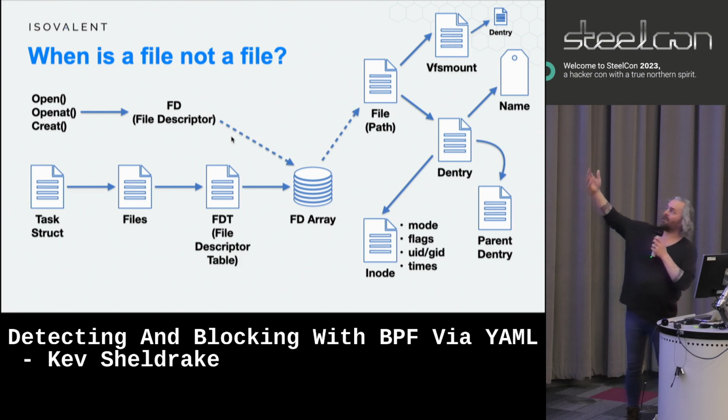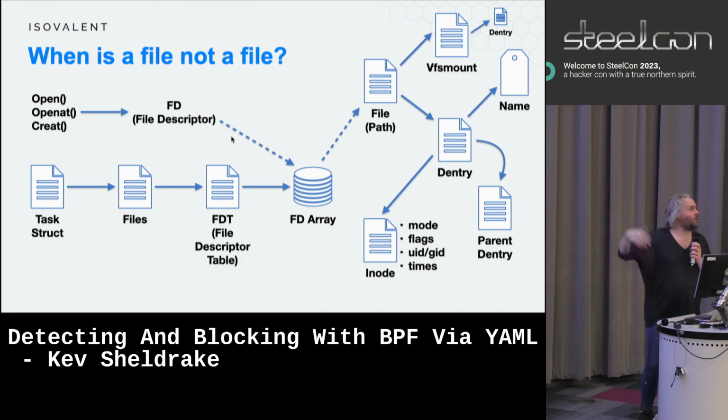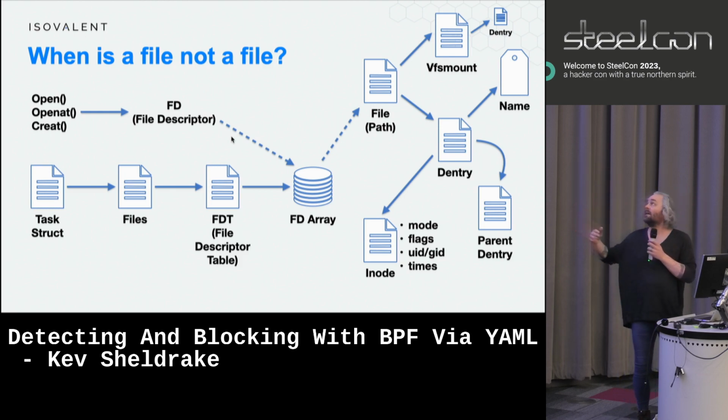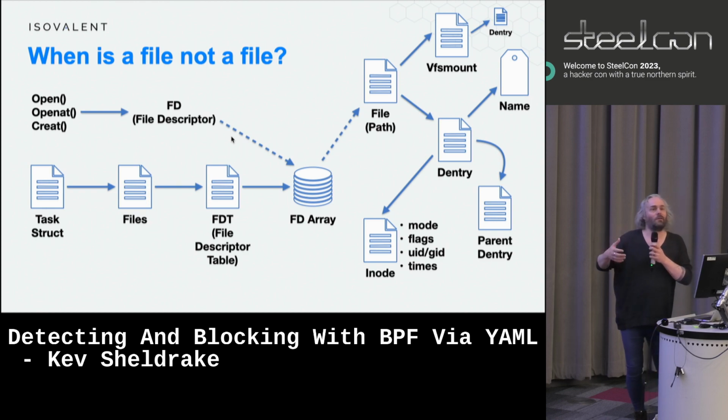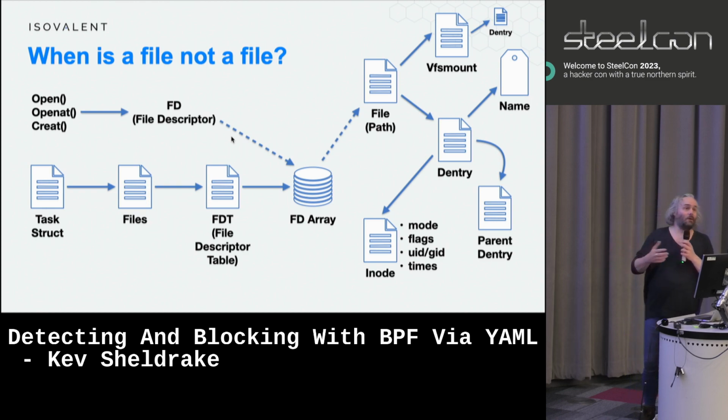Obviously, every dentry also has a mode and flags and who owns it and who created it, all that sort of stuff. Obviously, once you get to the /, well, that's the root of the file system that file is on. So then you might need to go, what's its parent? Well, its parent will either point to itself or be null, depending on implementation, which means you're at the root.